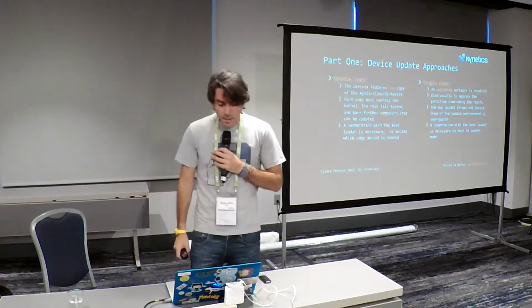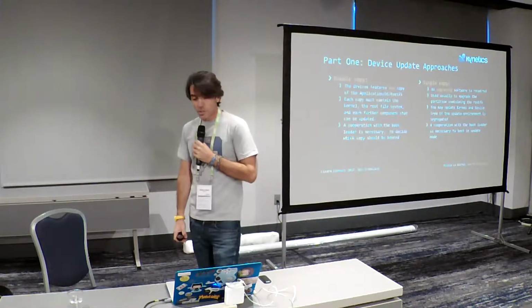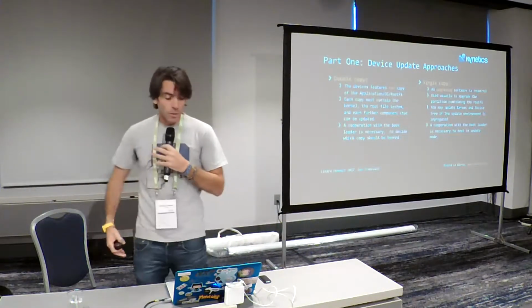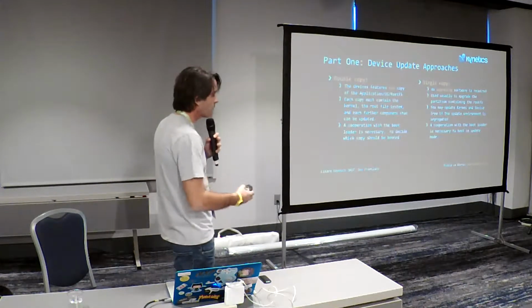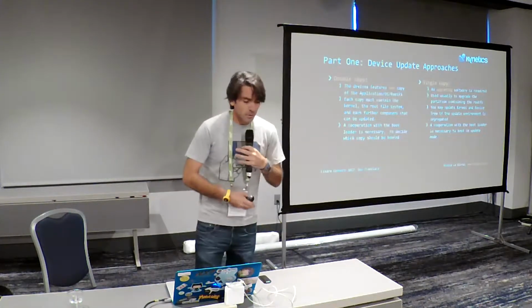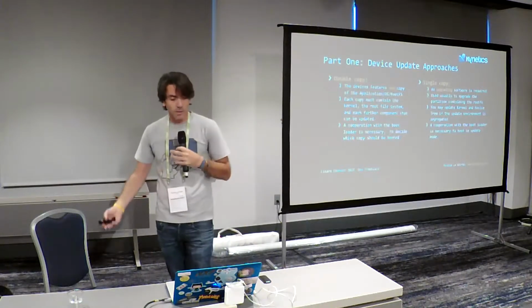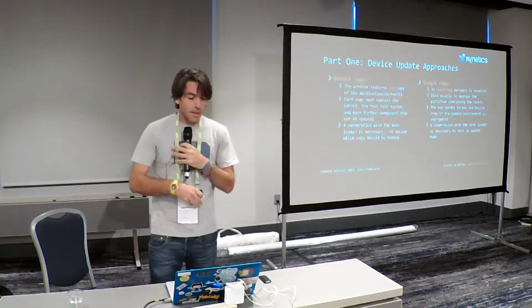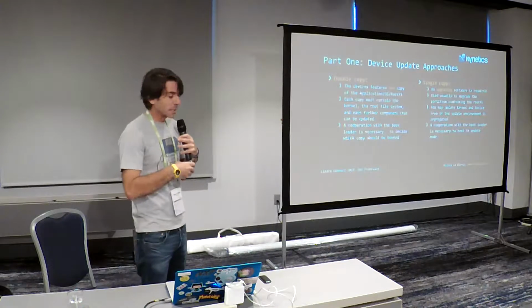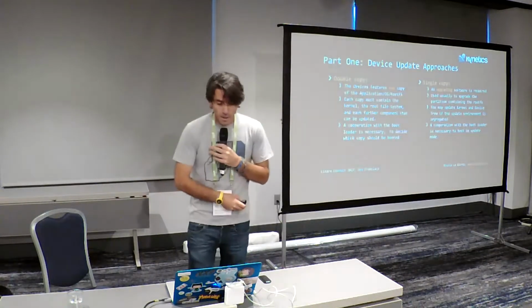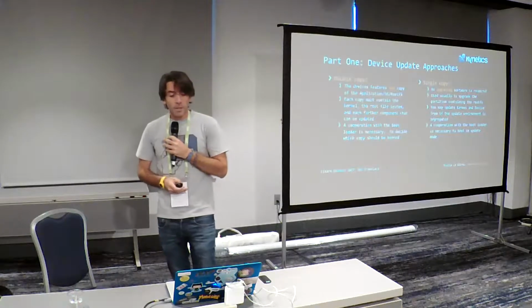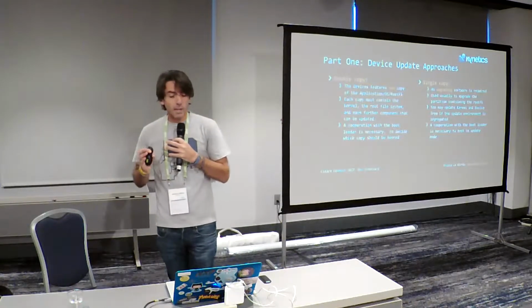So basically, we have two basic approaches when we want to do software updates. The first one is the double copy. Double copy is when we carry two different copies of the operating system, including the kernel, the device tree, and the root file system, and we need the bootloader to decide which copy to boot. The single copy is what we call an upgrading software.